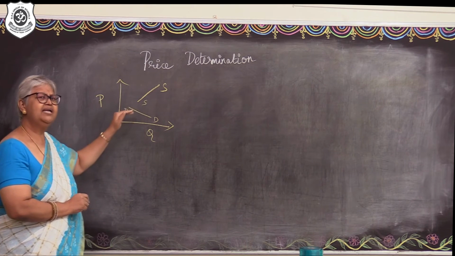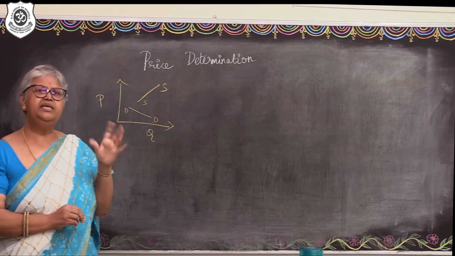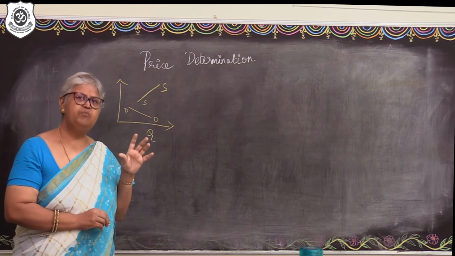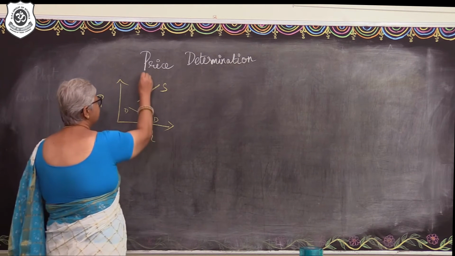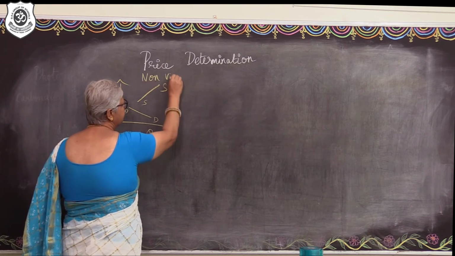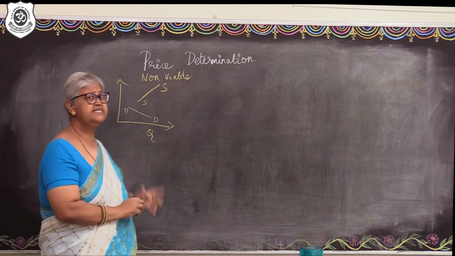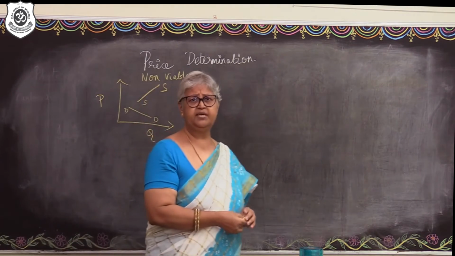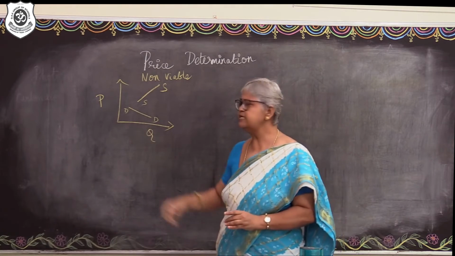So in such a market, there is no chance that the demand will be equal to the supply at any point. Such a market is called a non-viable market. Probably transactions might not happen in such a market because the suppliers are ready to sell only at a high price, and the consumers are willing to buy only at a low price.